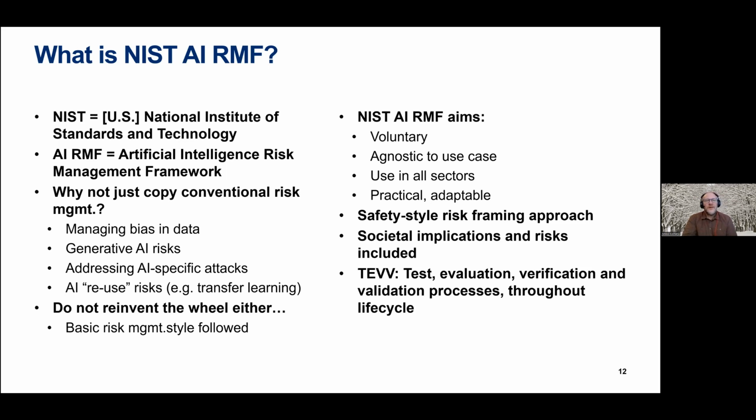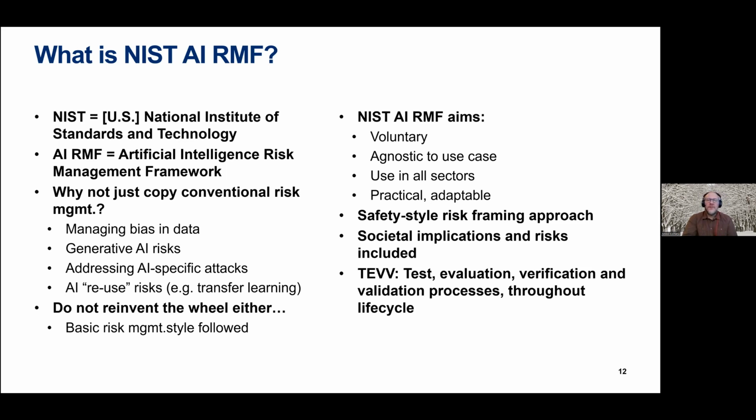So far, the AI RMF aims to be voluntary. It doesn't want to pin down any use cases and wants to be used in all sectors. This makes it general, but so far, for example, if you look at industrial control systems, there are cybersecurity standards, sure, but none of them actually address AI or machine learning. That kind of standardization for cybersecurity is still very much emerging.